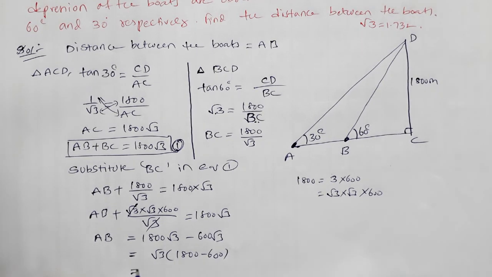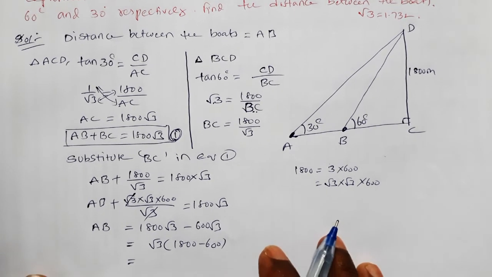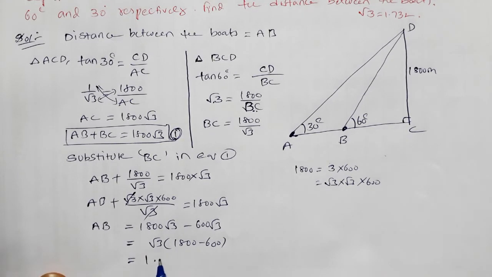Next, root 3 value 1.732 into 1800 minus 600, which is 1200. So if you multiply 1200 into 1.732, the answer will be 2078.4 meters, AB.